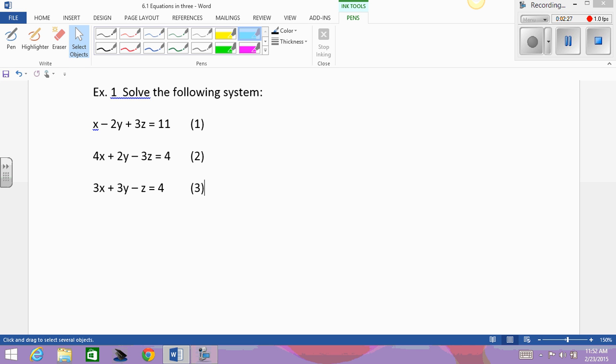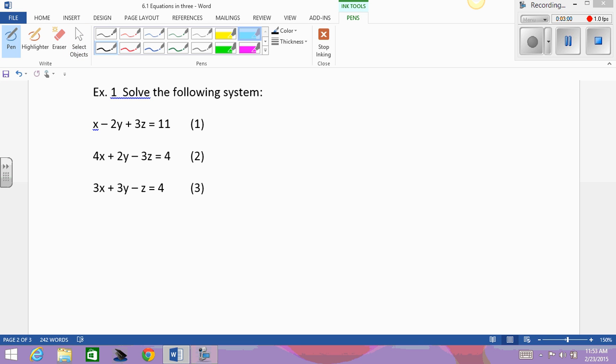So with elimination, we know that sometimes we have to multiply one equation through by a constant. Sometimes we have to multiply both equations through by a constant. Sometimes we don't have to multiply through by anything at all. It already cancels for us. So if I'm focusing on equation 1 and equation 2, and I want the x's to cancel, I am going to have to go ahead and multiply my first equation through by something in order to get that 4x to cancel.